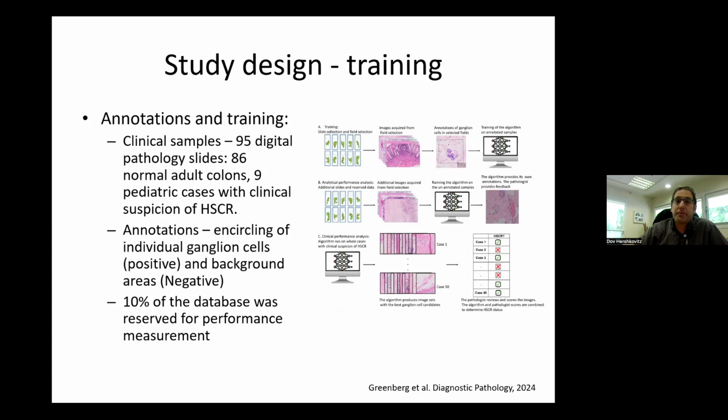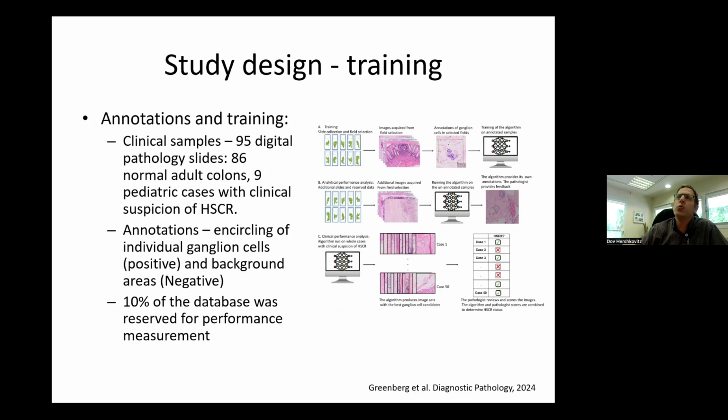For Hirschsprung, it's a big challenge, and we took what was available. We knew that this would be a big challenge, and part of the challenge is to develop an algorithm based on a relatively small amount of annotation using a unique algorithm development technology that Rami will touch on next.